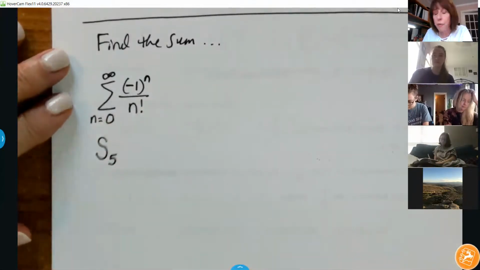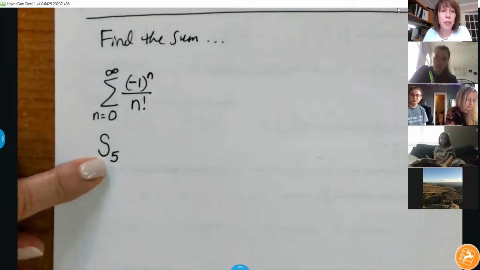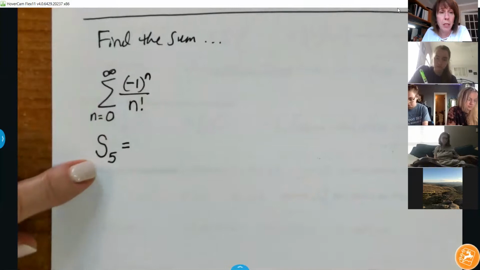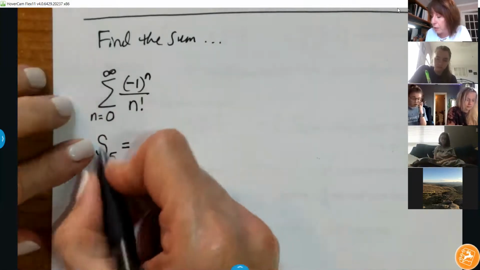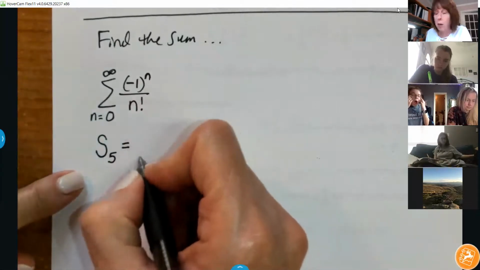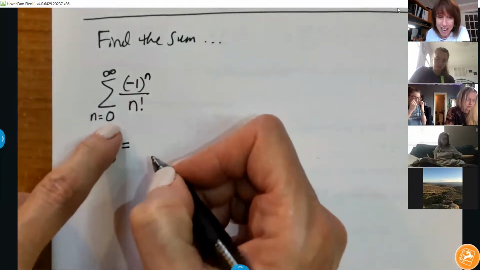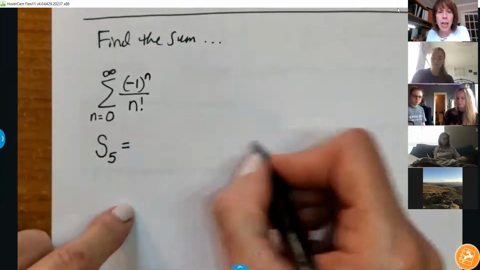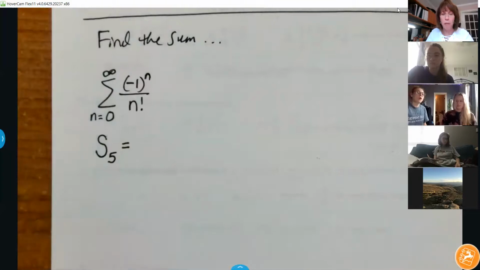Okay, so the fifth partial sum is the sum of the first 5 terms. So if I'm using this to approximate the series, then I start with the very first term, and I try to be super careful finding this first term, because if not, it's likely going to affect all my terms and I'll be way off.